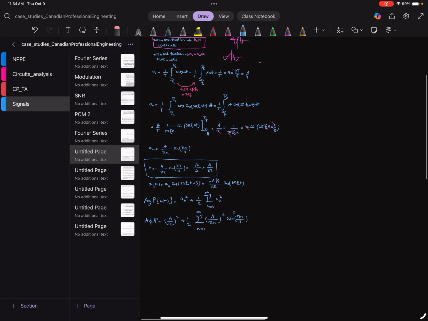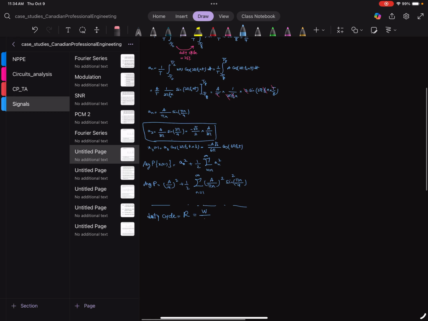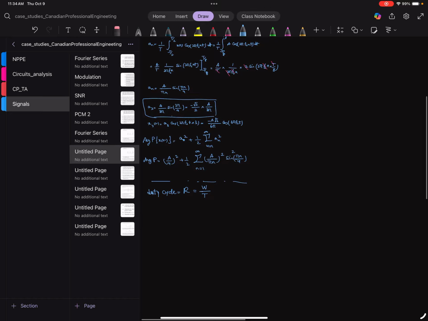Okay, so we found the third harmonic when the duty cycle was 25%, right? Let's do a3 again, but this time we are going to consider the duty cycle to be a variable r. That would mean that the non-zero part, the width of the signal in t, is going to be r times T, the width of the square pulse.